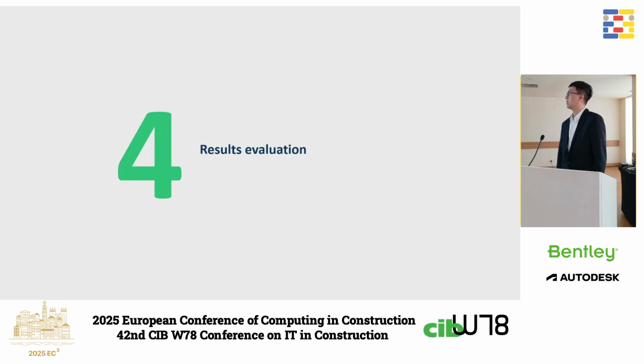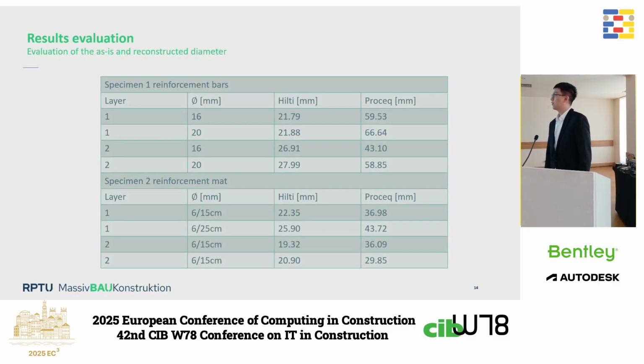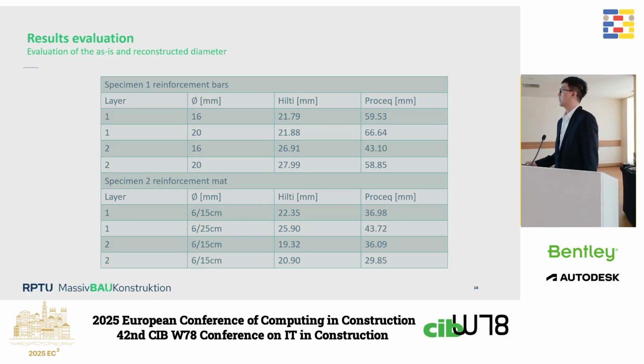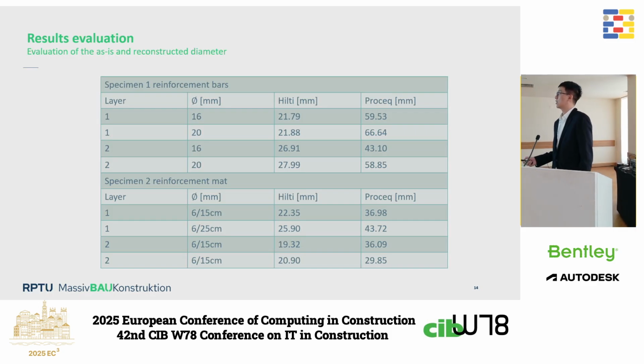So then I will talk about our results evaluation. We have evaluated our results in terms of two aspects. One is the diameter of the rebars. We want to reconstruct the diameter of rebars correctly using our two devices.